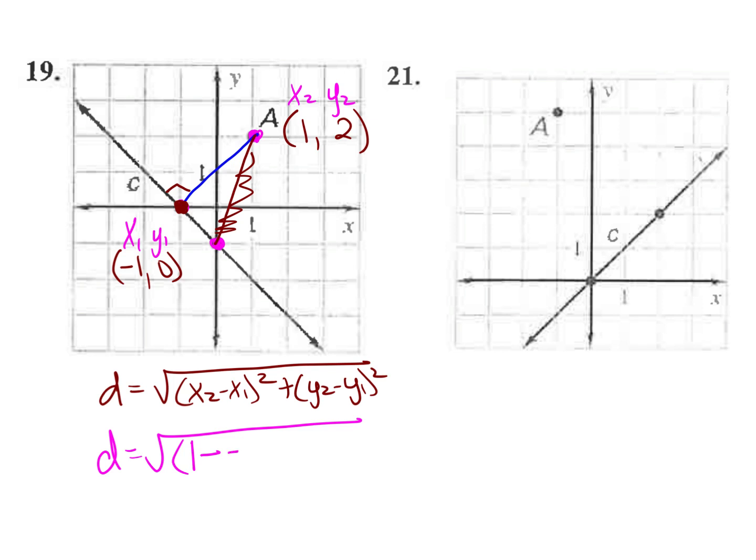So it's 1 minus negative 1, which becomes what, class? Becomes a positive 1. 1 plus 1, right? Plus y2 is what, Monica? 2. Minus y1, Paula? 0. Squared. Now put that in your calculator and tell me what you get, the first decimal place. So d is equal to 2.8.